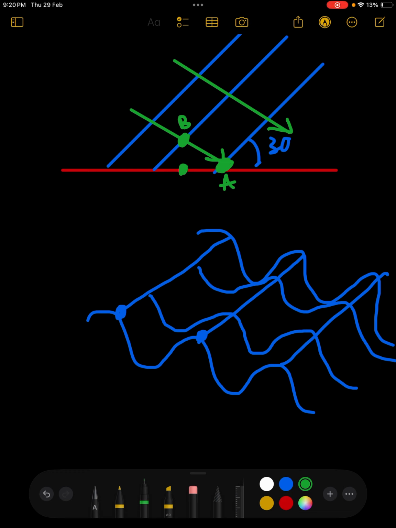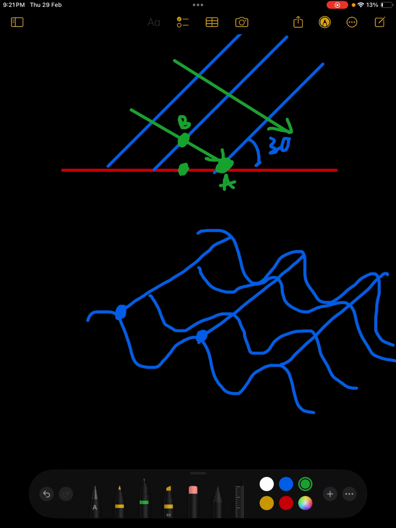We want to find the phase difference between a particle at this point which has arrived here, and this point which has arrived here. In other words, we are trying to find the angle at which it lags, the angle after which it arrives.